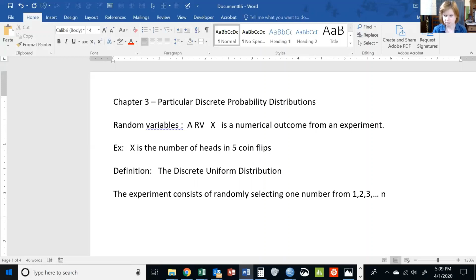And here's some notation for the random variable x. We say x, and this is a tilde. That tilde says that what comes next is going to tell you what the distribution for x is.